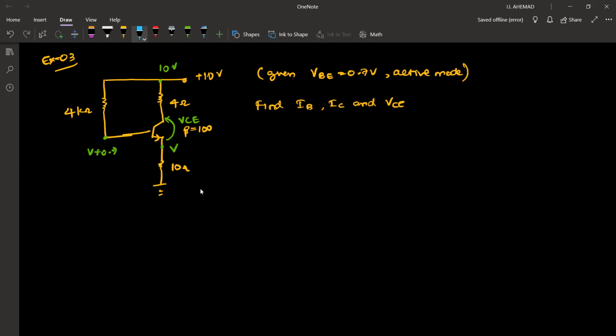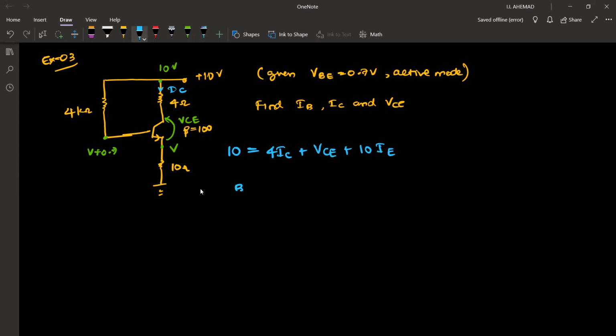Now just consider this line from here to here. We have a potential drop of 10. Therefore, 10 is equal to IC times 4 kilo ohm plus, here we have a drop of VCE, plus, here current will flow down and that is IE, so 10 IE.